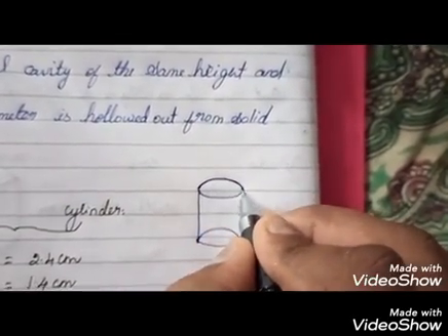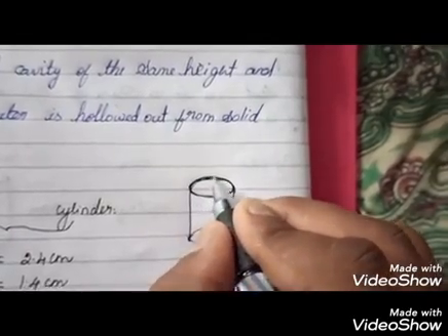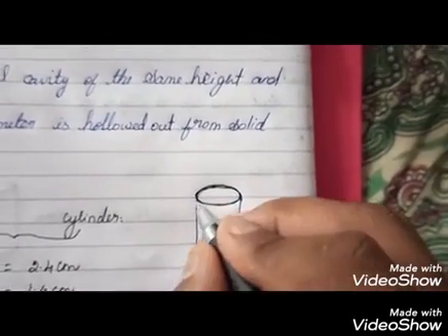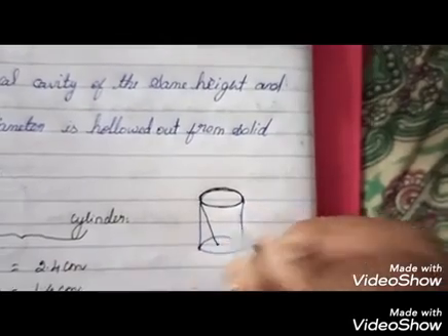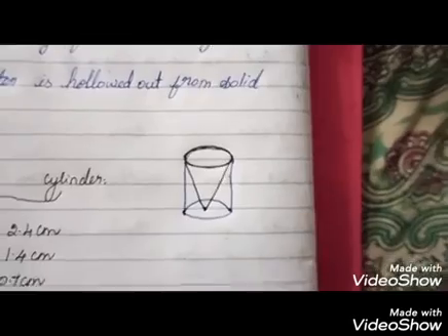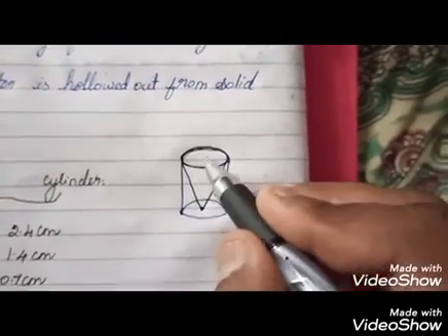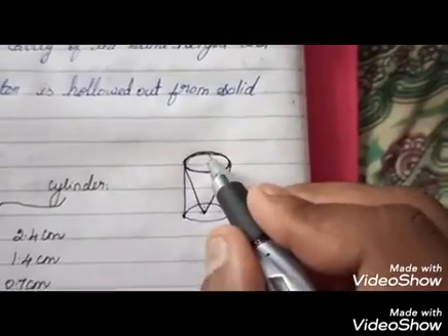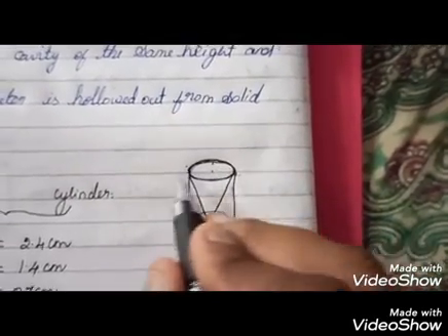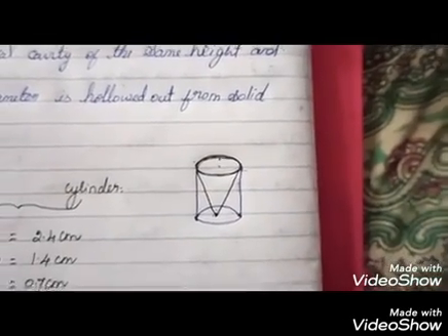So the conical part can be cut out from this cylindrical portion. Just see, this black colored conical part is cut out. Now you see that one base, that is one side, should be opened. So now you see the diameter and height are the same.